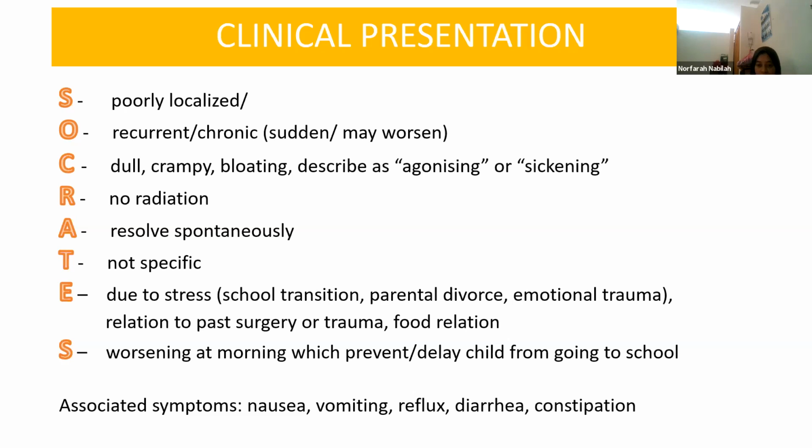For the onset, FAP is recurrent and chronic, and the pain can be sudden in onset and can be worsening. For the character of the pain, the patient will complain of dull or crampy pain, bloating, and they may also describe the pain as agonizing and sickening. However, if the patient complains of sharp or severe pain, we must suspect a pathological cause first.